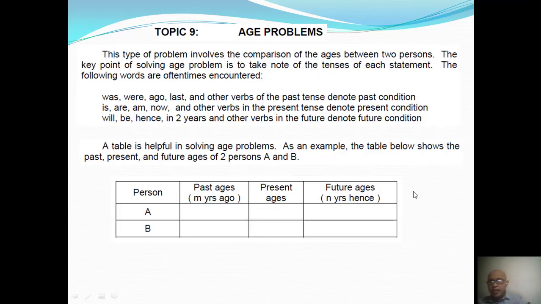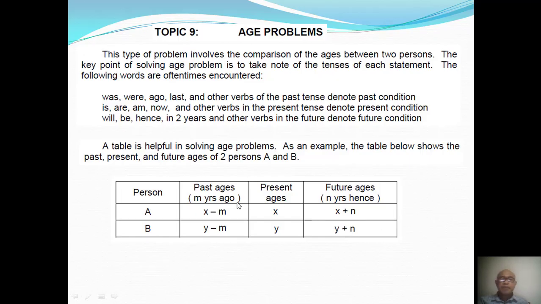Let us say A is x years old now and B is y years old now, then in the past, let us say m years ago, A was x minus m years old and B was y minus m years old. In the future, we have also A will be x plus n years old and B will be y plus n years old.